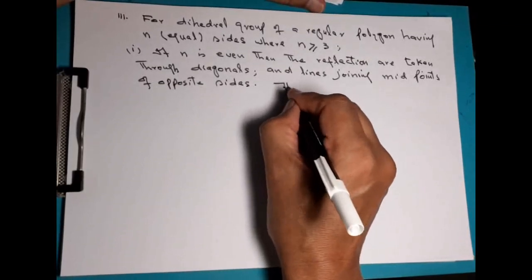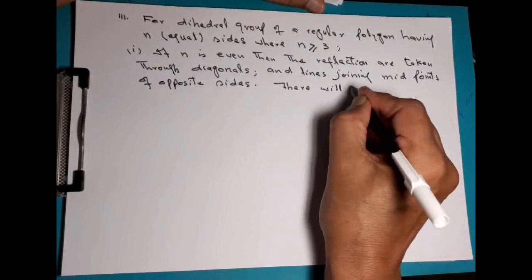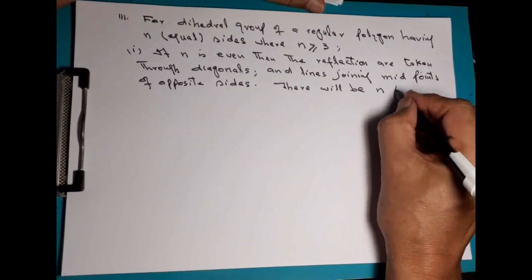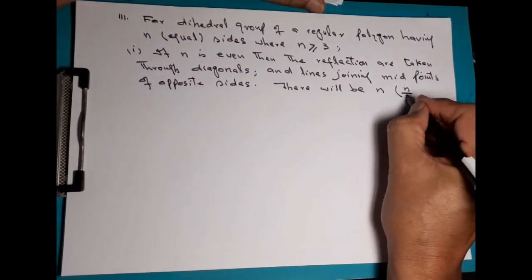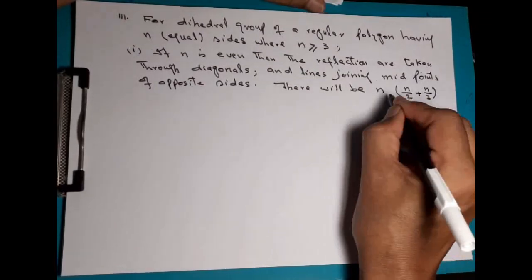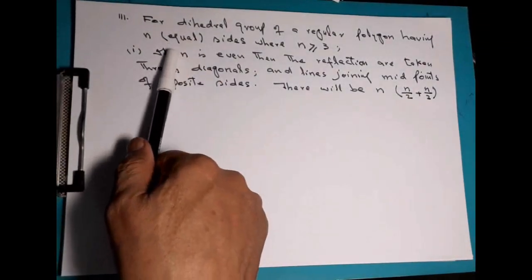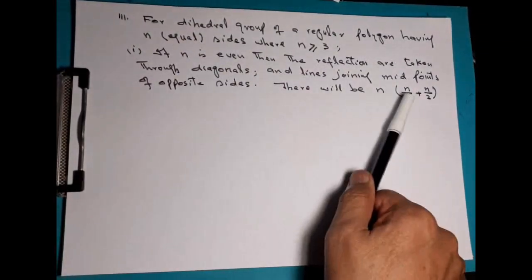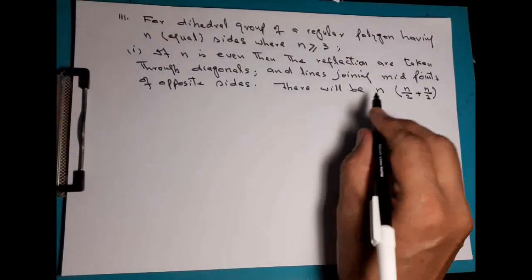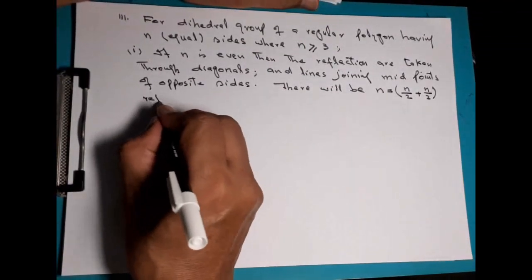There will be n reflections: n upon 2 plus n upon 2, because there will be n upon 2 diagonals and n upon 2 lines joining the midpoints of opposite sides. So there will be n reflections.